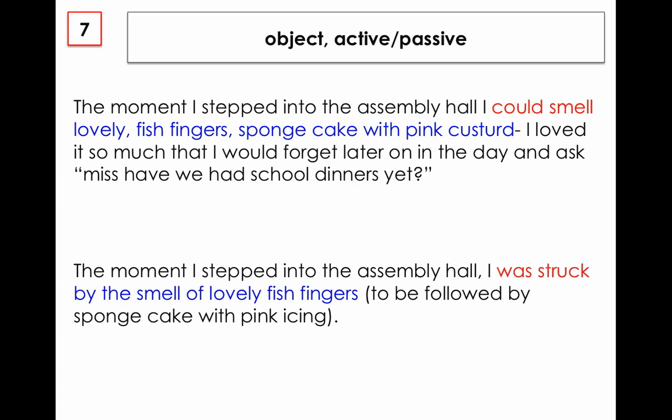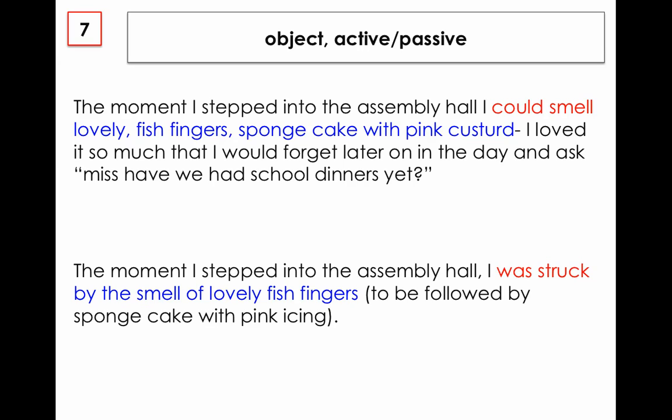So we've got something else to say here about those two constructions. We've got the verb could smell in the first sentence, and then that phrase in blue, lovely fish fingers, sponge cake with pink custard, that's the object. What could you smell? Lovely fish fingers, sponge cake with pink custard. What we've got in the second sentence is a passive construction, another passive construction.